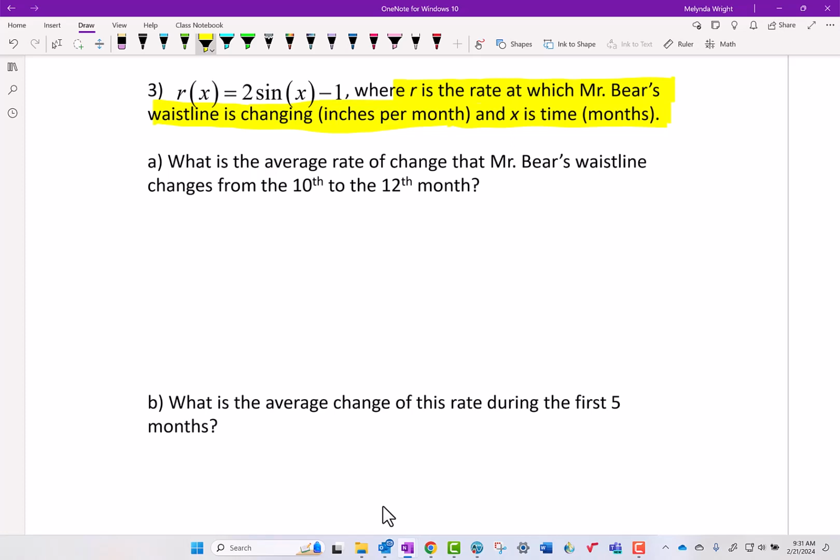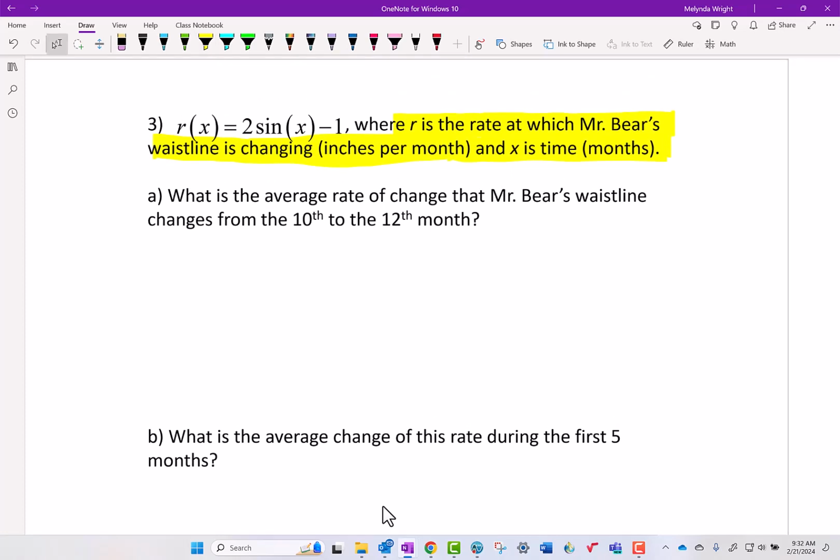It doesn't matter. So now let's try to decide what formula we're going to use. What is the average rate of change that Mr. Bear's waistline changes? We have the rate his waistline is changing, and we want the average rate.